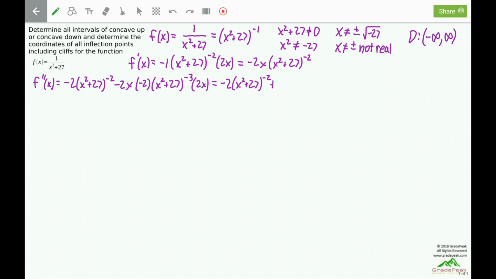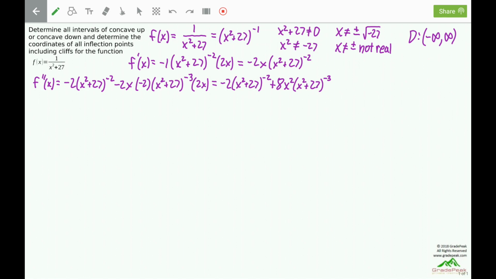So we have a positive 8. There is an x and another x, so that will be x squared. And then there's an x squared plus 27 to the minus 3.